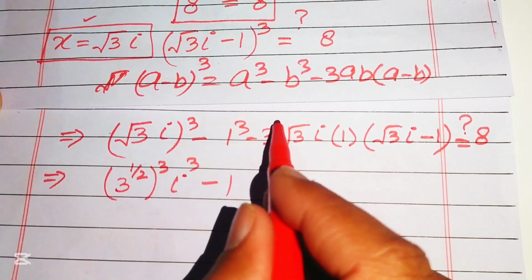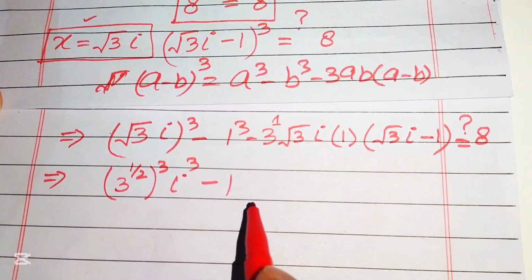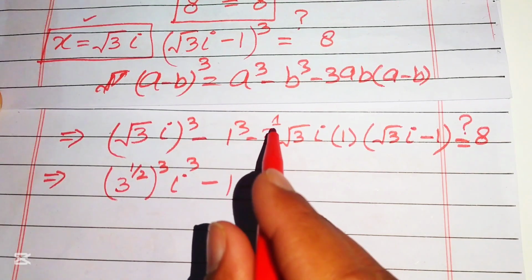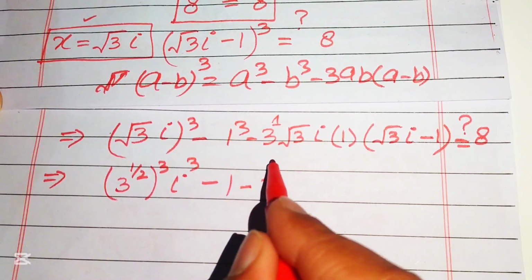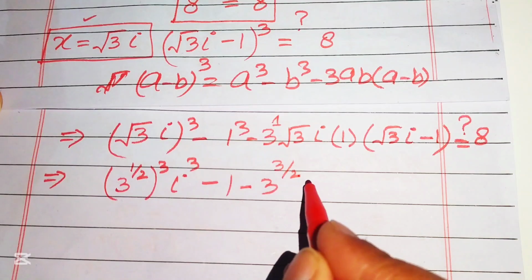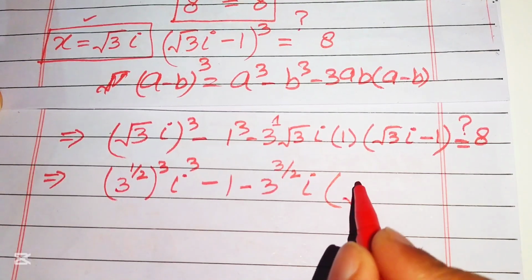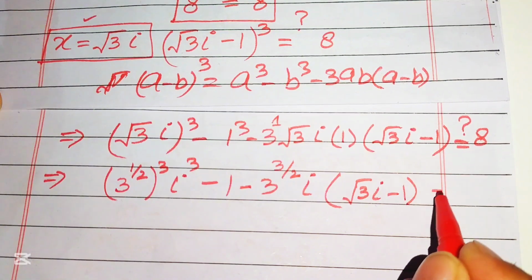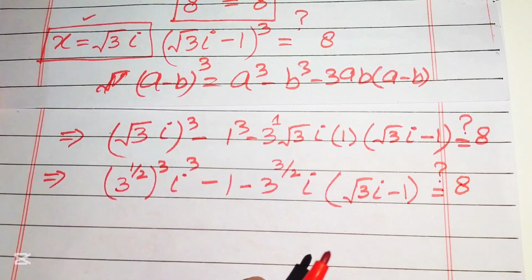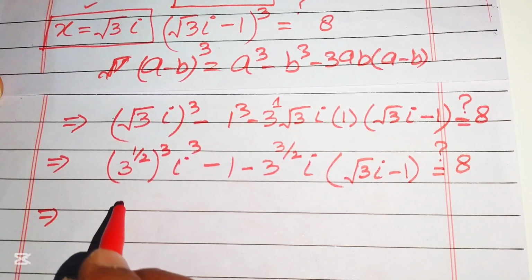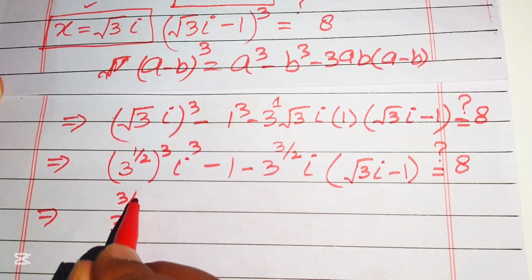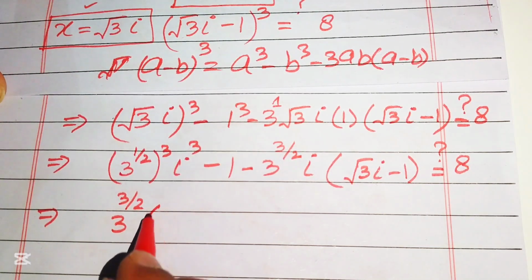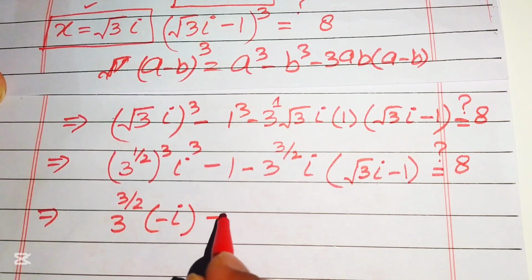When you combine the exponents of these two terms, it will be written as 3^((1+1)/2), and it becomes 3^(3/2) times i, and this will be written as (√3 i − 1). And we check: is this equal to 8 or not? So here you see that this will be written as 3^(3/2), and i³ equals −i, and this is −1.